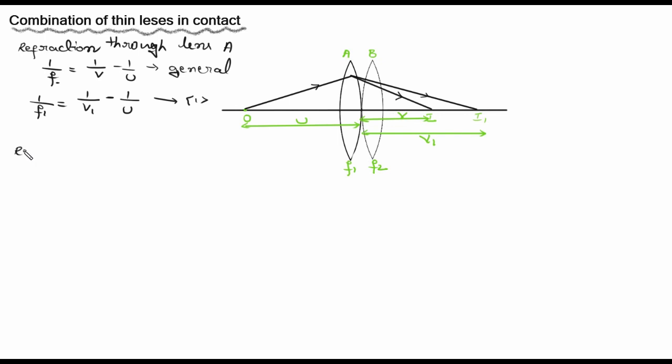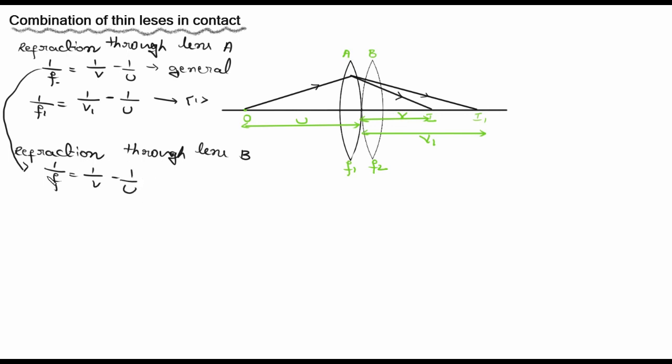Similarly, refraction through the second lens, which is lens B. The same general equation 1 by f is equal to 1 by v minus 1 by u applies.